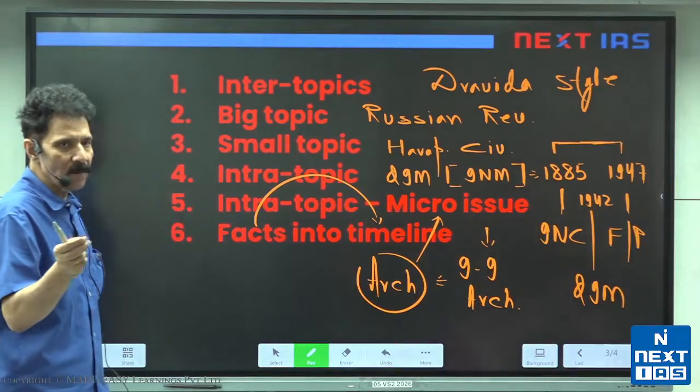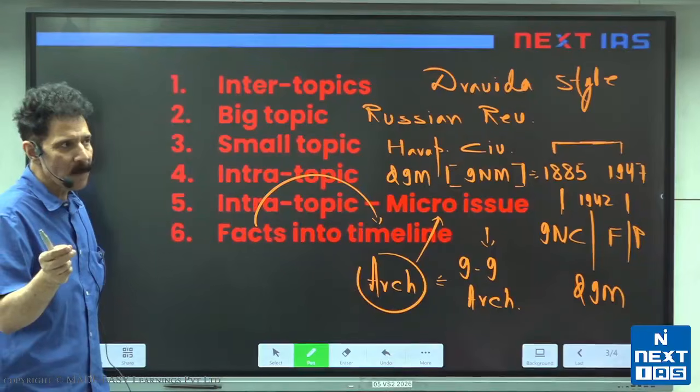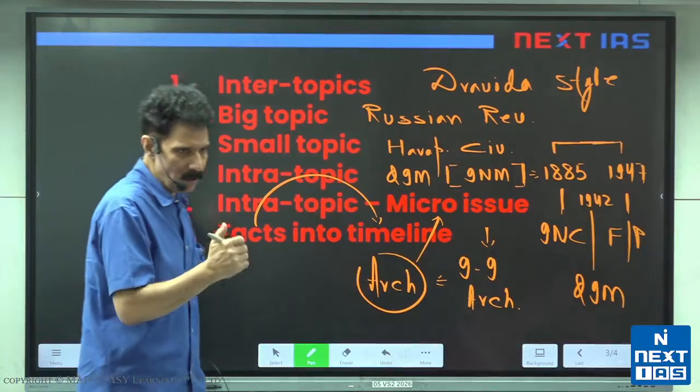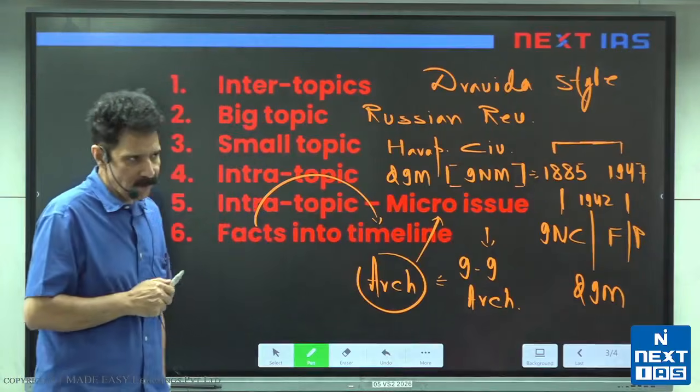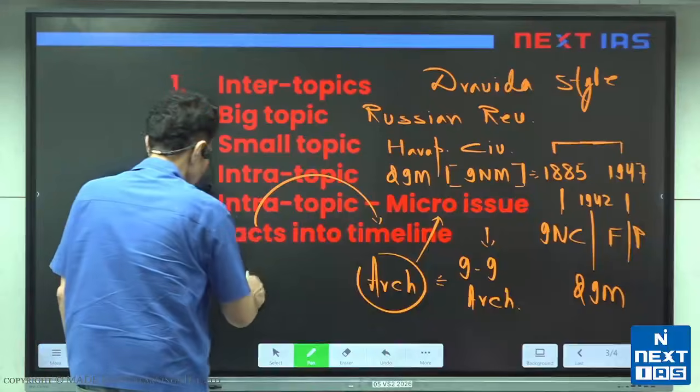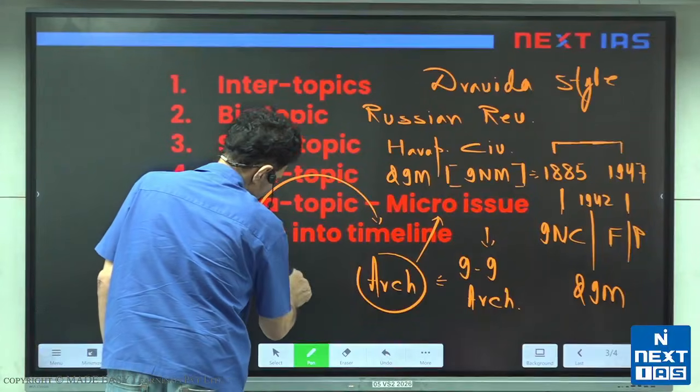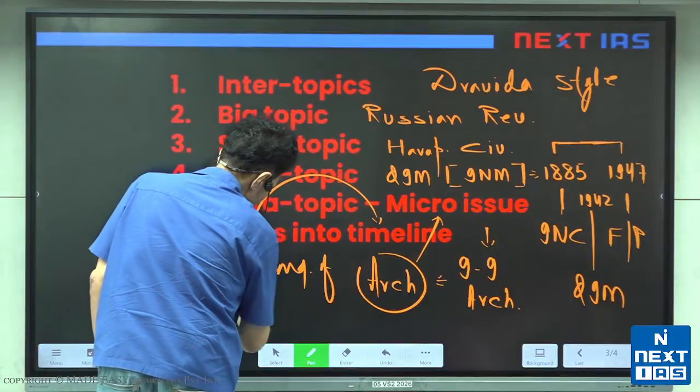Take one simple example. Suppose it was the British conquest of Bengal. All you know, Battle of Plassey, Battle of Buxar and all. So one fact is there. We are taking one example, the British conquest of Bengal.